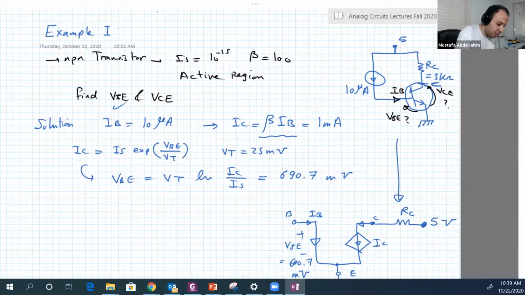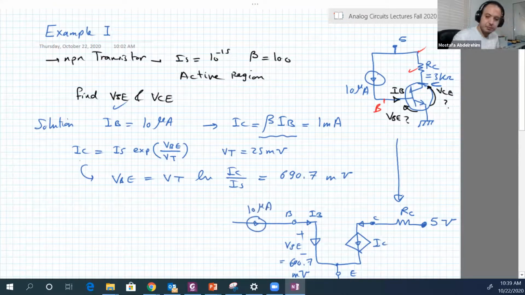Okay, let's check anything that we did. So we did this node here. Now let's go to the base. The base is connected to a current source of 10 microamps, and this current source is connected to 5 volt.